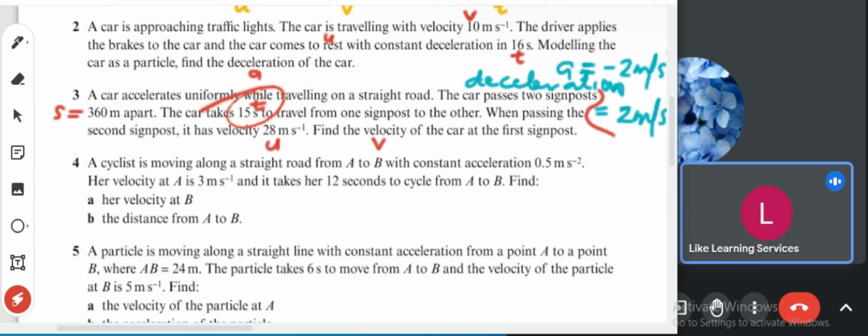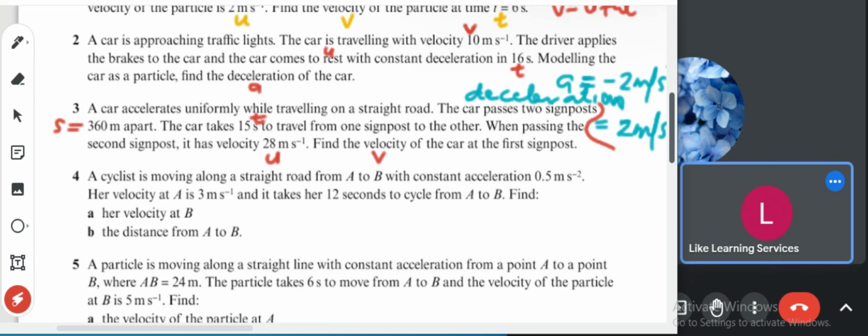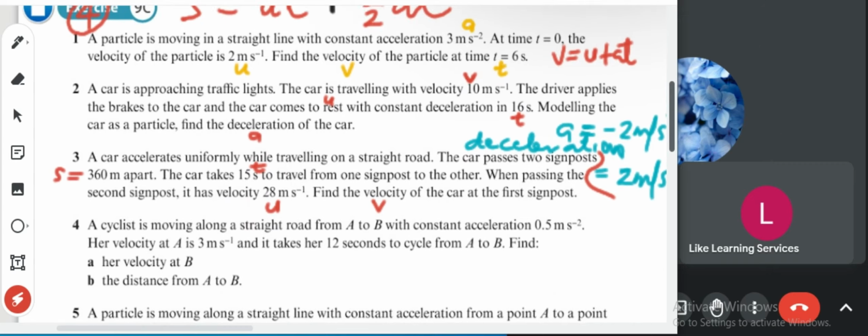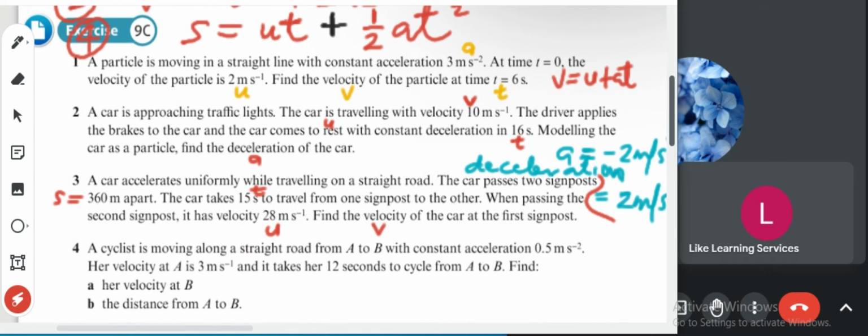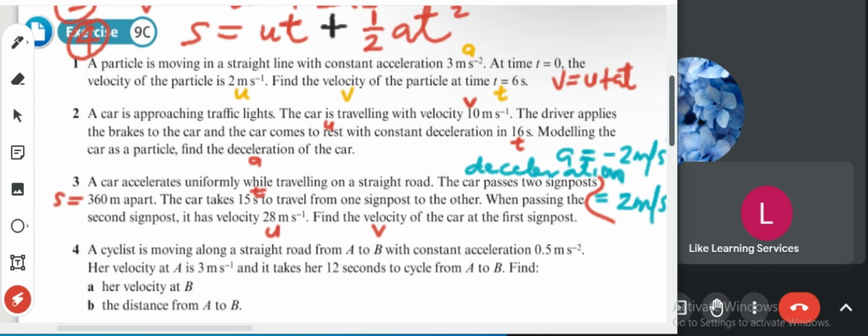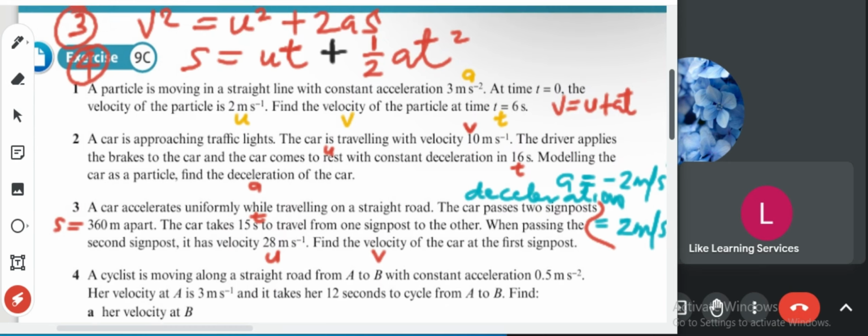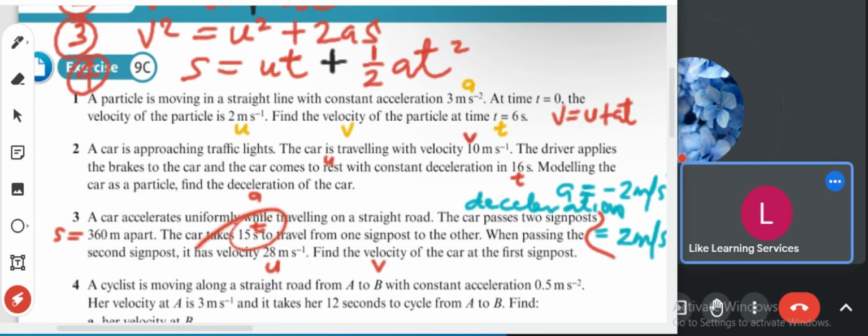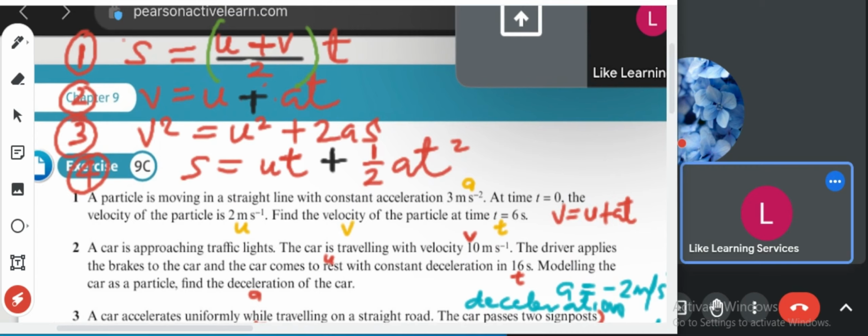Time is given, distance is given, final velocity is given. It's the initial velocity we're looking for. I think equation 1 is just suitable for it. Yeah. Okay.